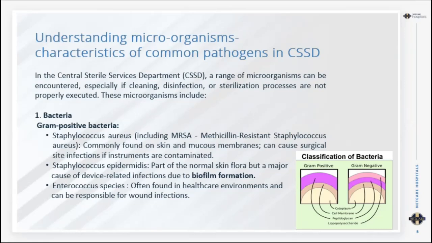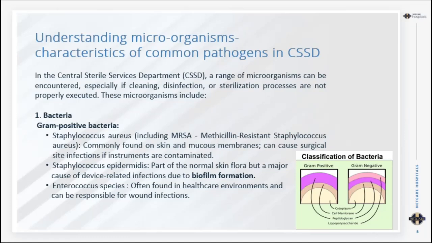The second example of a gram-positive bacteria is your Staphylococcus epidermidis, and this is really part of your normal skin flora. We all are colonized with this, but it is a major cause of device-related infections due to biofilm formation, and we'll look at biofilms a little bit later on.